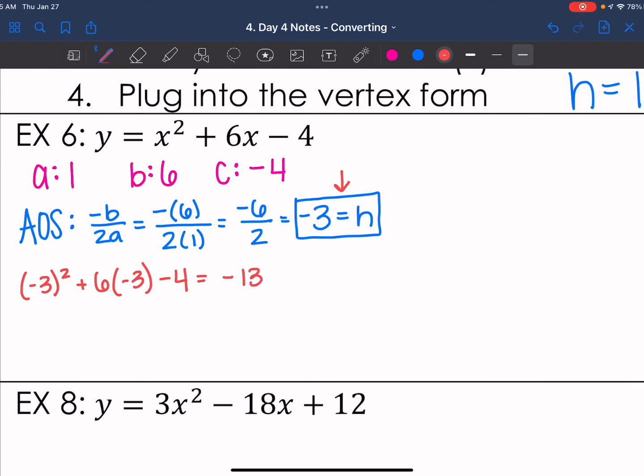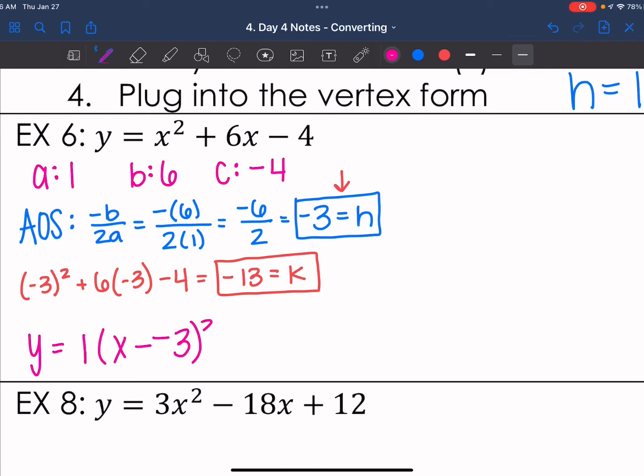Remember, the purpose of plugging that in was to find my k value. And last but not least, we'll plug this back into vertex form and have my final answer. So y equals a, which is 1, times (x minus -3), my h value, squared, plus my k value of -13.